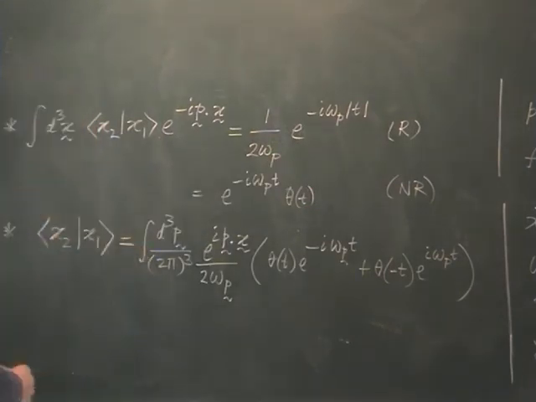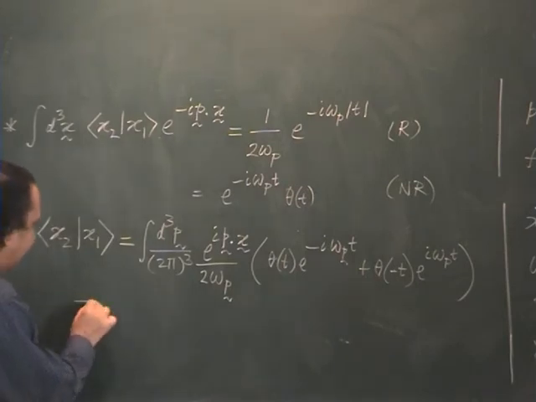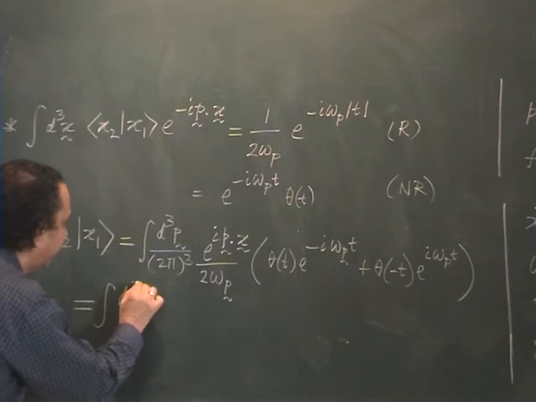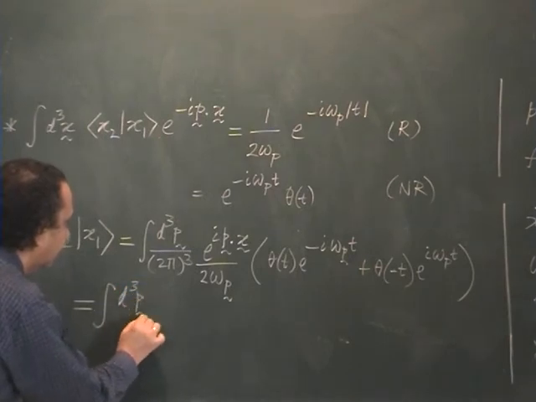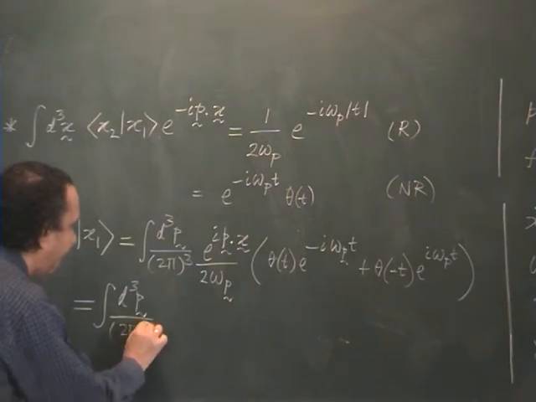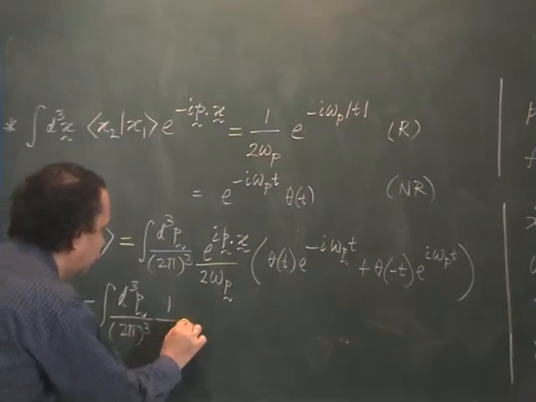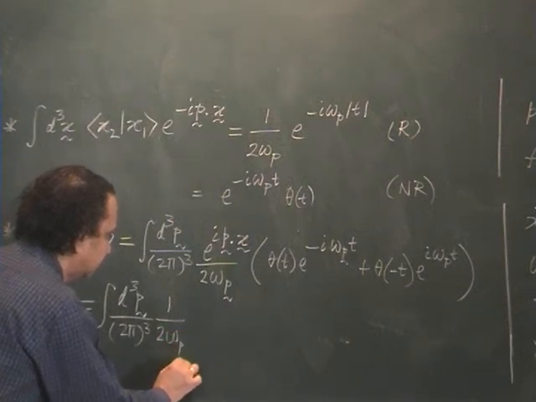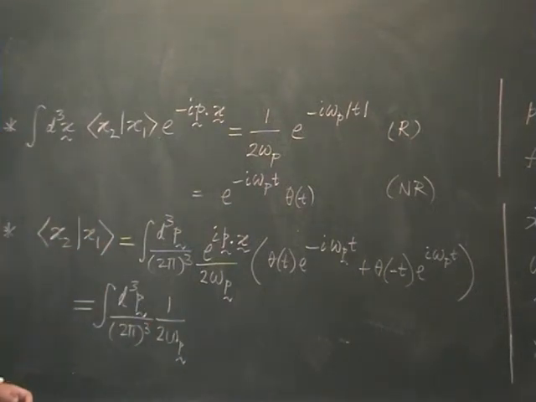Now let us do this in a little bit greater detail. I will now write this as d3p upon 2 pi whole cube, 1 upon 2 omega p. This much I would like to keep together.